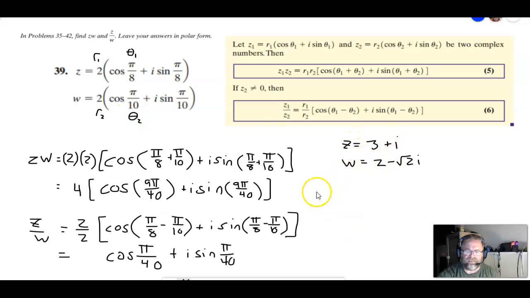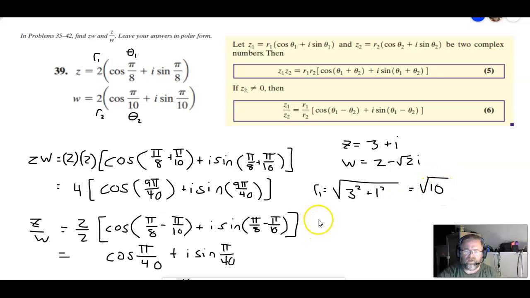For z, the radius R1 is going to be the square root of 3 squared plus 1 squared, which is the square root of 9 plus 1, the square root of 10.